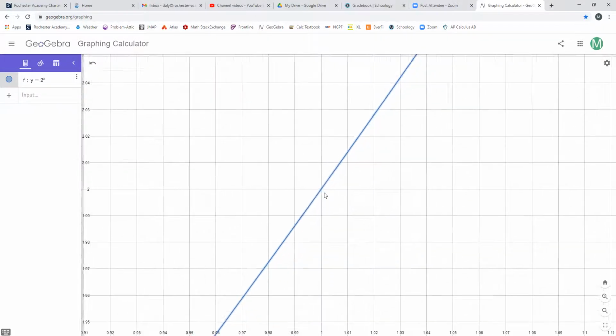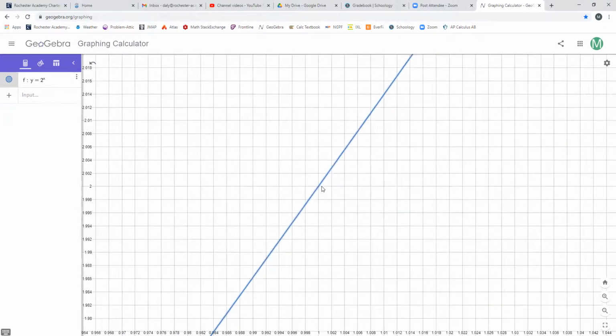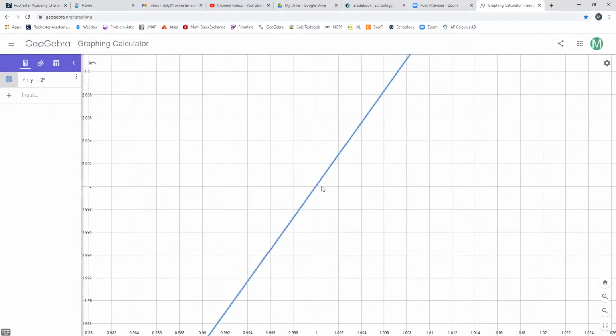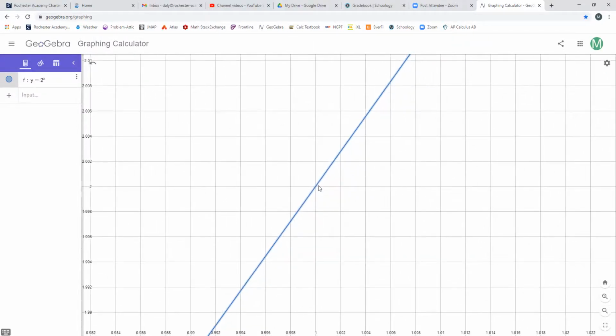Once again, the slope is not equal to 2 for us. But let's see if we can figure out, well, this is a reasonably good grid point here. So this is up 1, 2, 3, 4, and over 1, 2, 3. So when my y value is 2, my slope is 4 over 3, which is 1.33 or so.